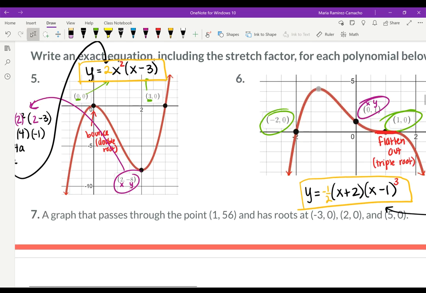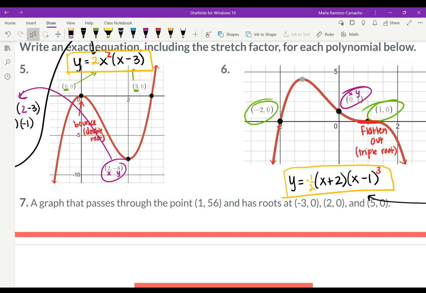Okay, same deal for number 7, except for number 7, we don't have a graph. We're just given this description here, but that's still enough information to be able to do the same process. So 7 says a graph that passes through the point (1, 56) and has roots at (-3, 0), (2, 0), and (5, 0). Notice that there's no mention of any bouncing, any flattening out on the x-axis, so we don't have to worry about squaring or cubing any factors.